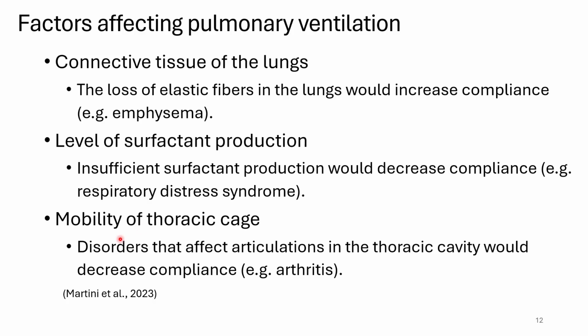And the level of surfactant production. If you have insufficient surfactant production, that is going to be a decrease in the compliance, and this causes respiratory distress syndrome. The mobility of the thoracic cage is much needed.